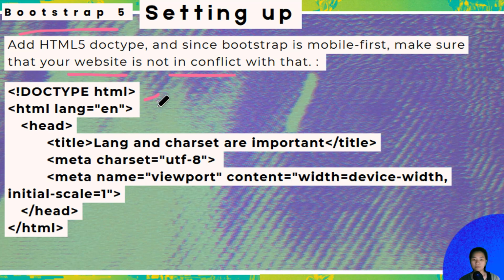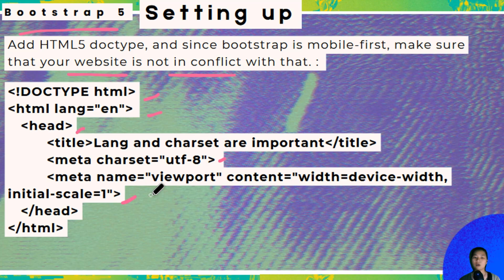You have the doctype, HTML, specify the language as English, and then within the head tag, you have the title, and then you have the character set UTF-8, and then this part where it specifies the width equals device width, meaning that if the user is viewing on an iPad, this website will be responsive to the iPad's device size.